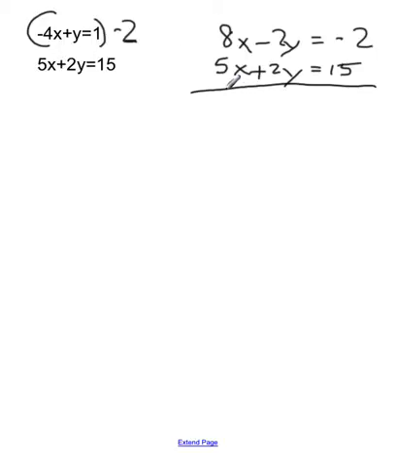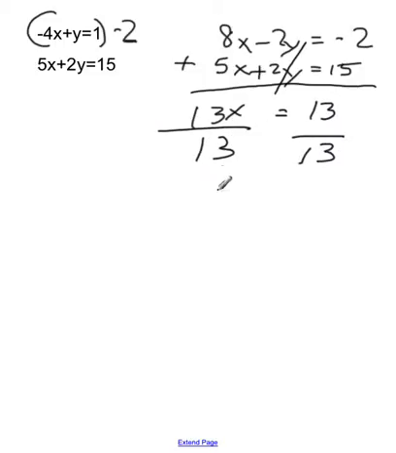But I happen to think this one's a little bit easier. So now if I add the two equations, I have 8 plus 5 is 13x. Negative 2y and positive 2y cancel. And 15 plus negative 2 is 13. And now it works out beautifully.